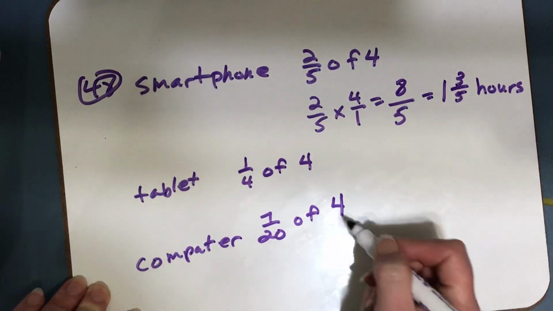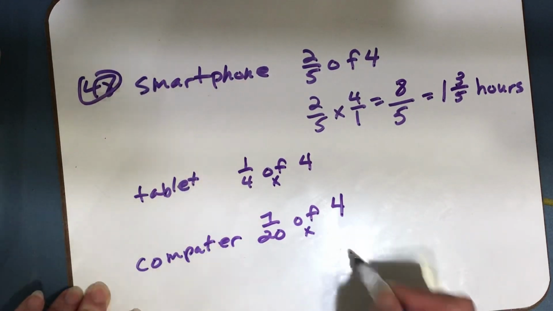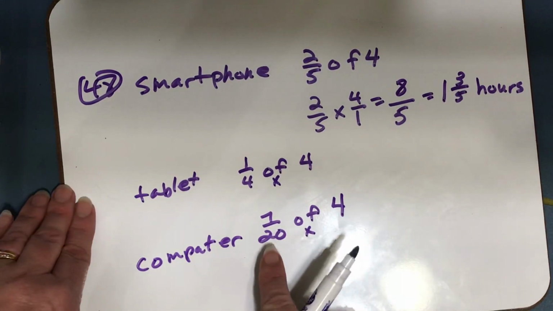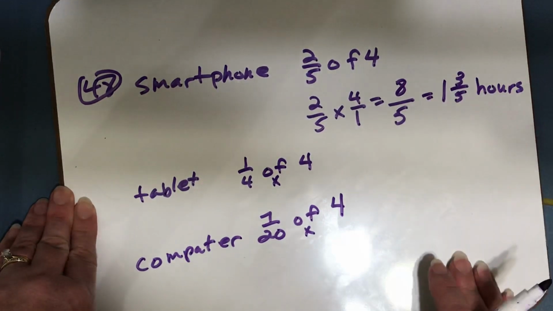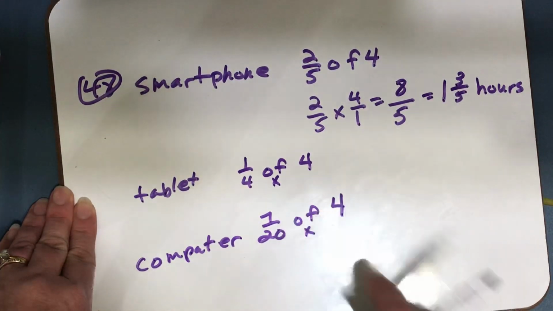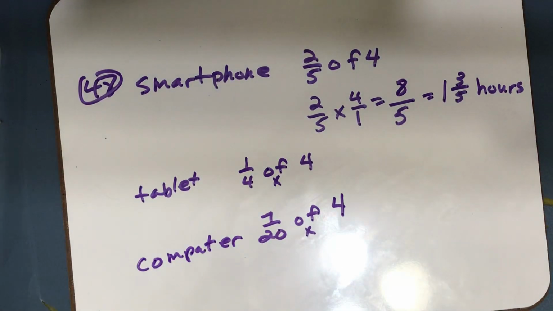So 7/20 of 4. Remember, of means multiply. So find what 7/20 of 4 is, and your answer will be in hours. Remember to make 4/1, just like we did for the smartphone.